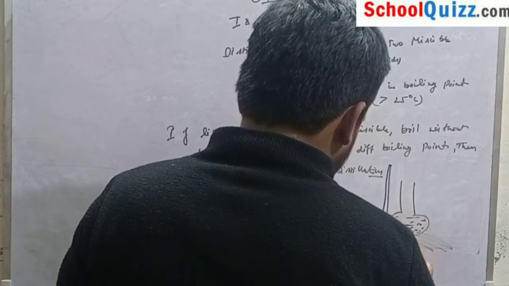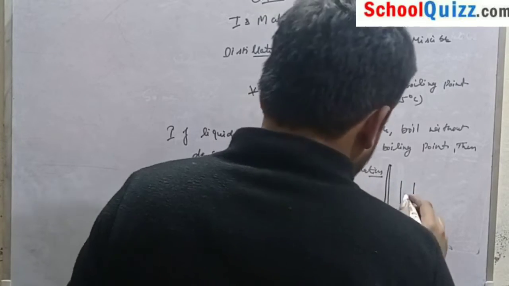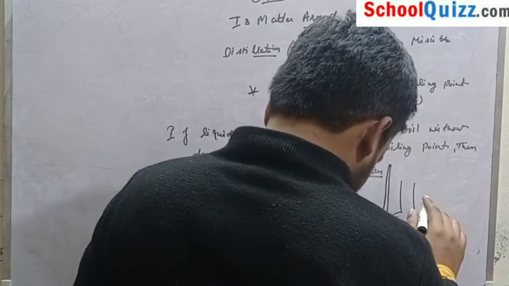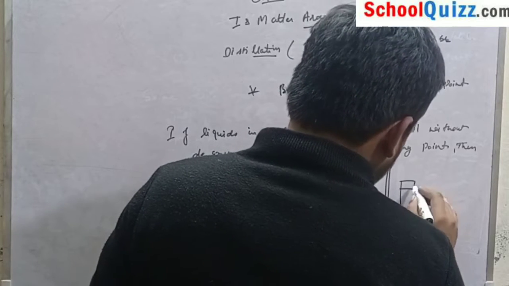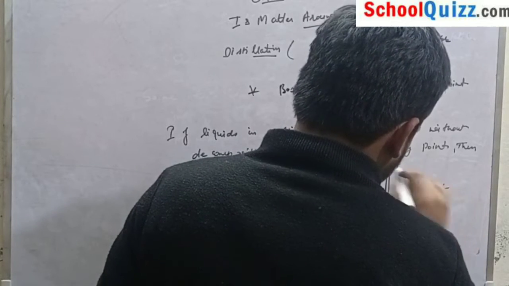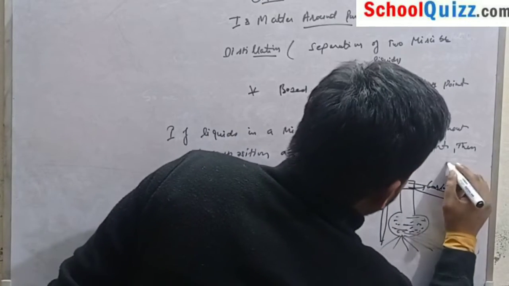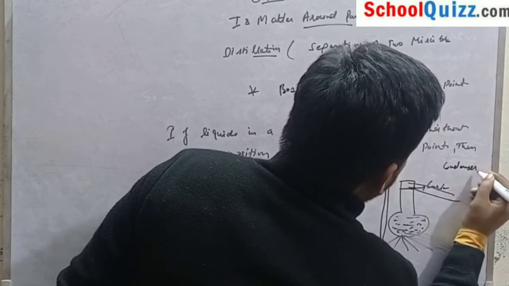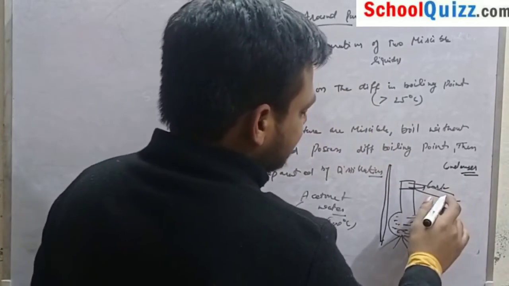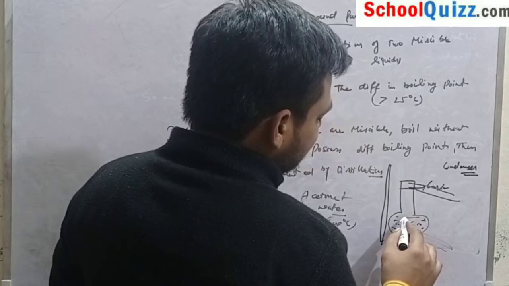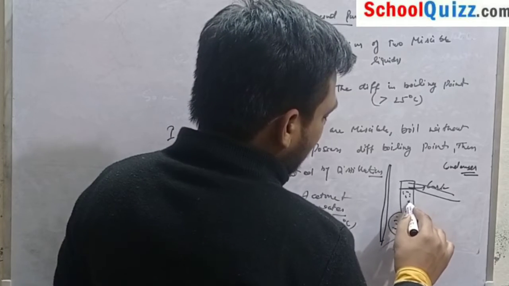This one is our stand. This one is our cork. We will attach it with the help of a condenser to get it condensed. So what happens when vapors form?